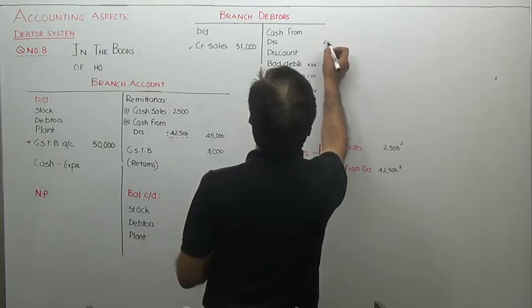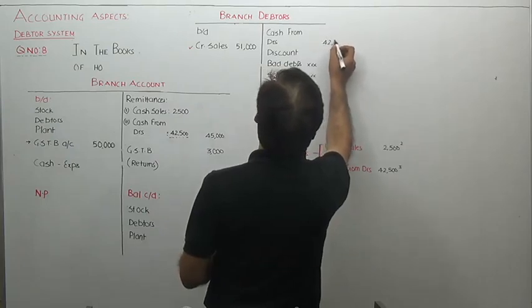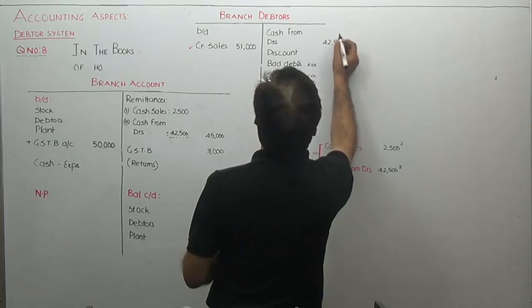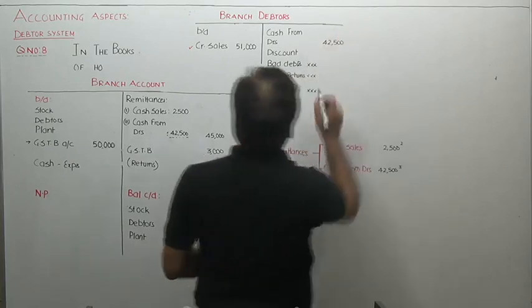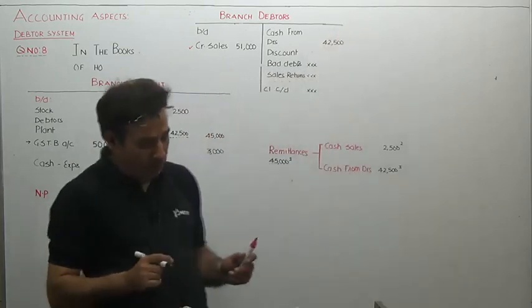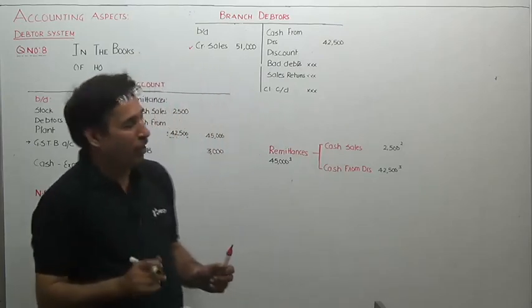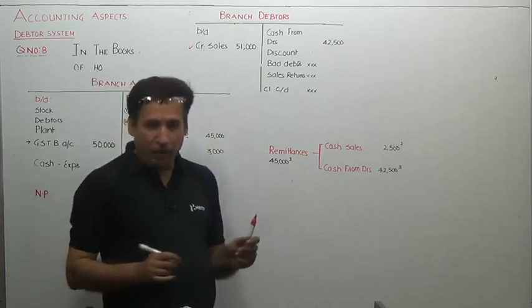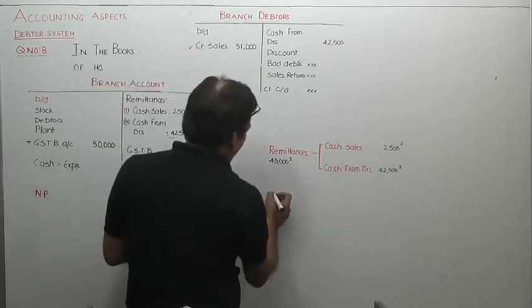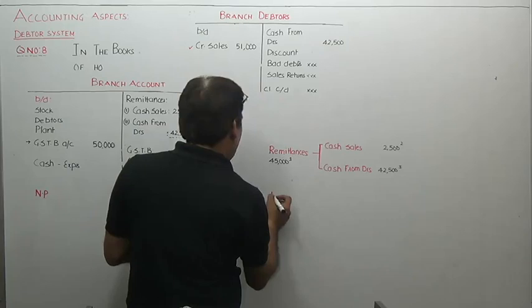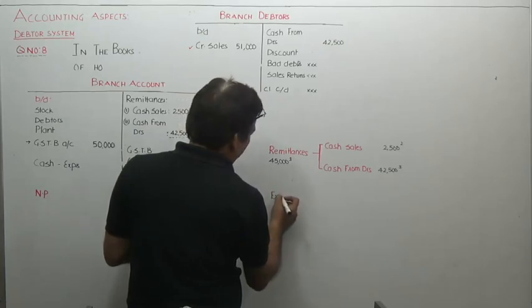So cash receipt from debtors 42,500 you will also write here, correct? Now it is given in this question, expenses paid by head office.